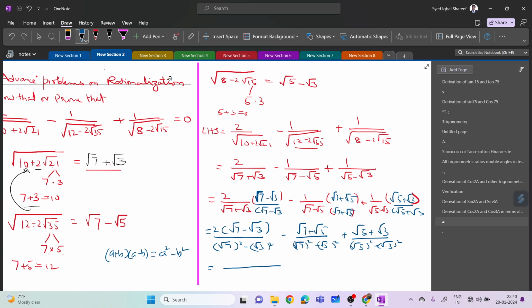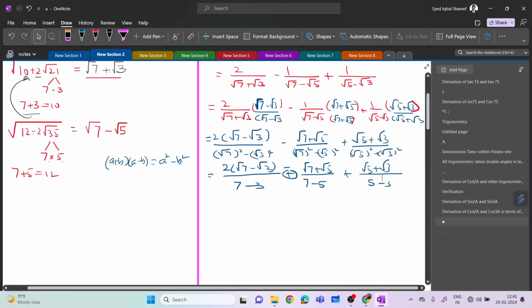That equals 2 times root 7 minus root 3 over 7 minus 3, minus root 7 plus root 5 over 7 minus 5, plus root 5 plus root 3 over 5 minus 3.